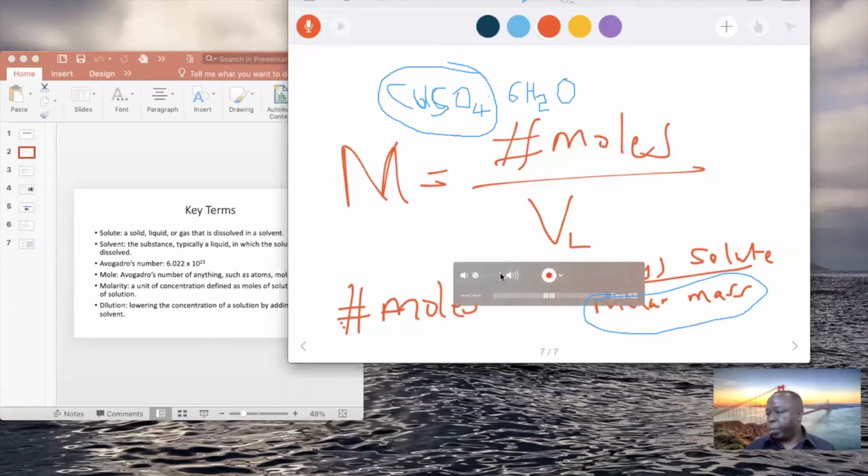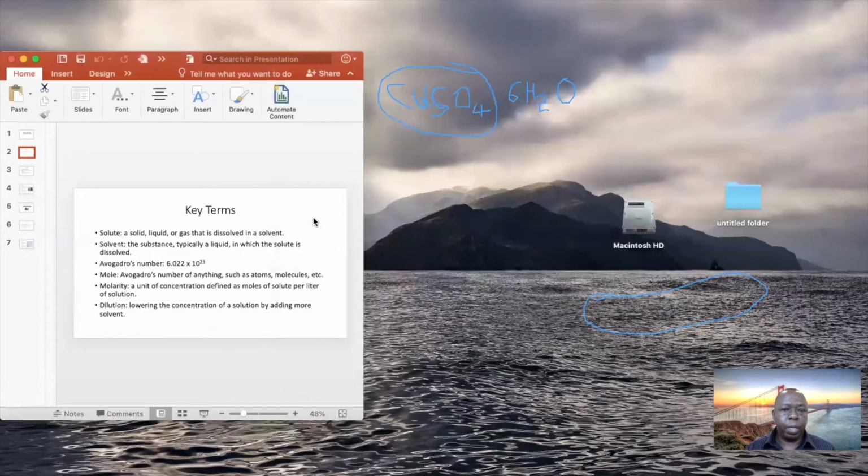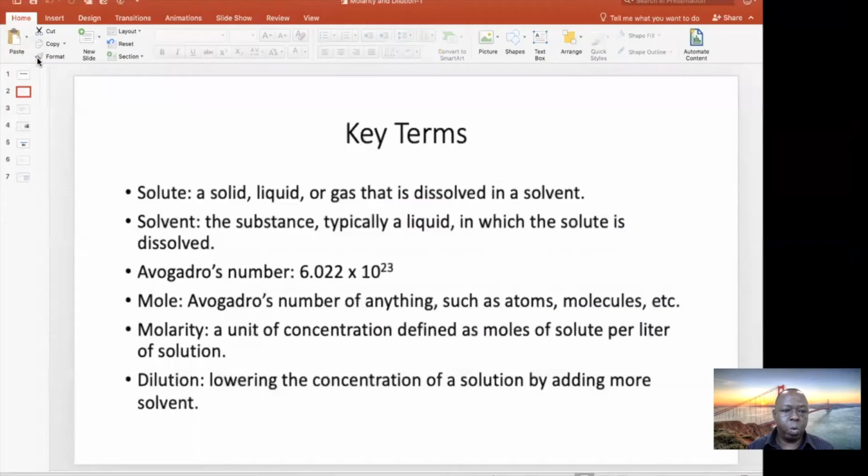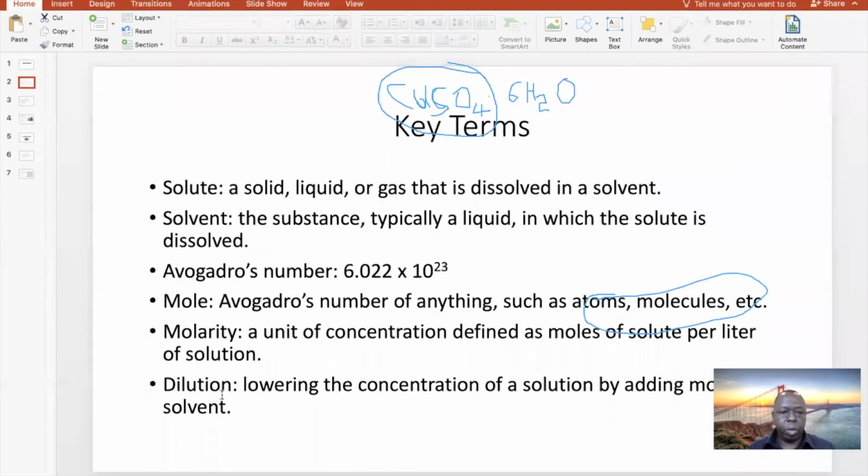Now, we will also use another equation for determining the concentration of a solution, and this is the dilution law. The dilution law is just taking the concentrated solution and lowering its concentration.